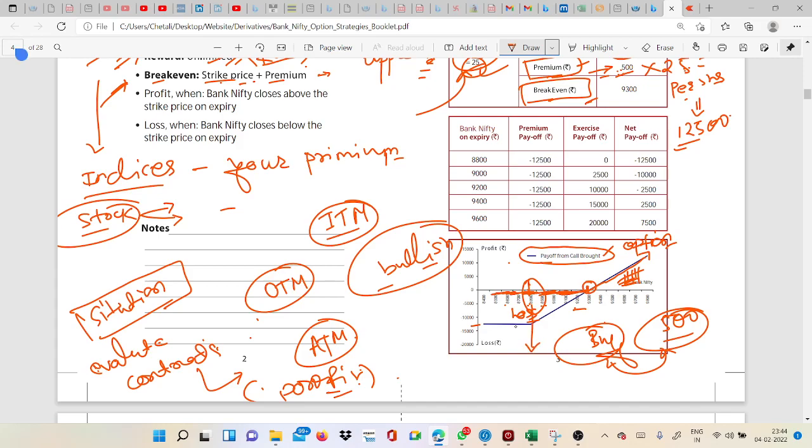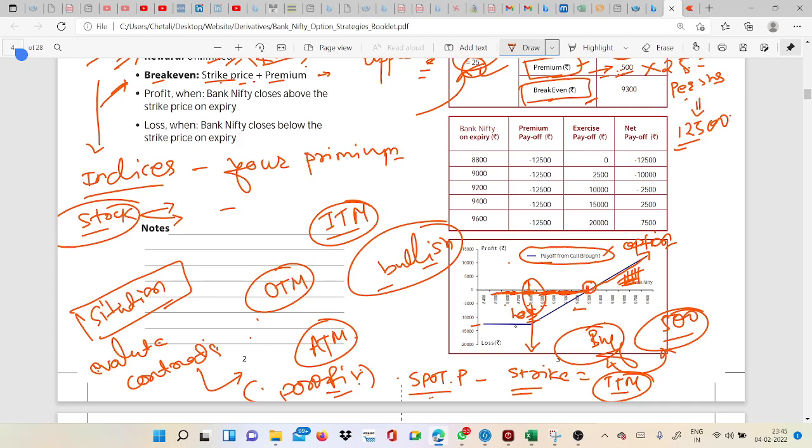So if the spot price is greater than the strike price, then this would be in the money. So you are purchasing options that are in the money, okay?